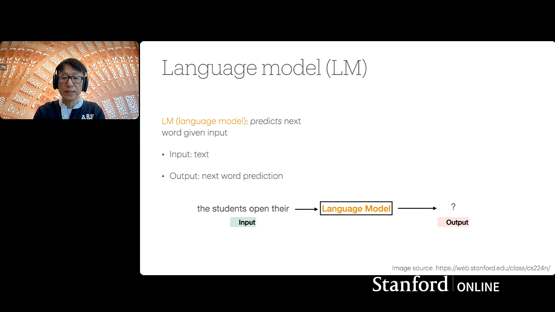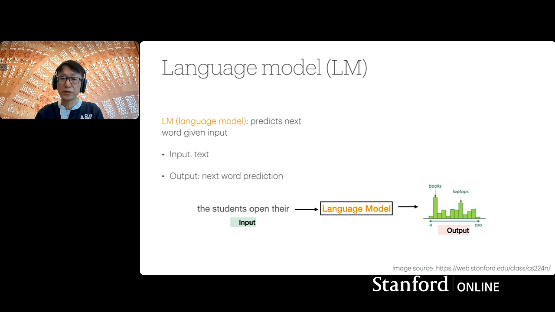So if the language model is trained with a large corpus, it generates the probability of the next coming word. In this example, as you could see, books and laptops have a higher probability than other words in the vocabulary. So the completion of this whole sentence could be "the students open their books".